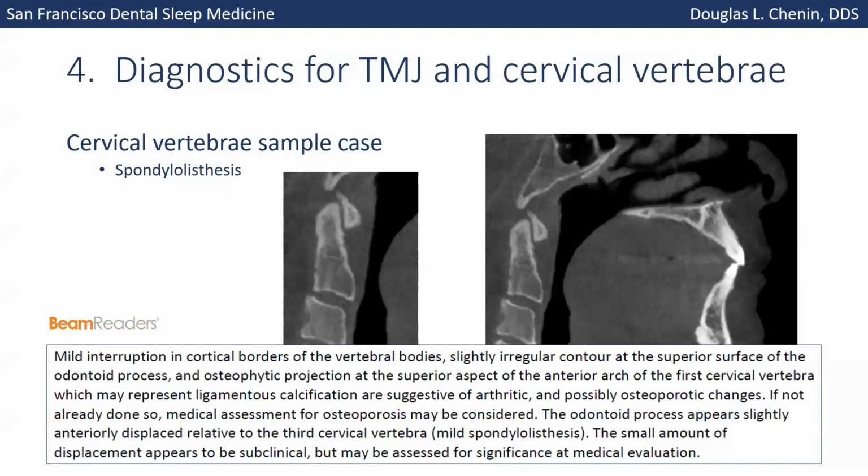Very rarely something comes up in the cervical vertebrae, like this one, spondylolisthesis, where the vertebra is actually positioned more forward, so it pinches in the airway. This has a slight sleep apnea correlation: the tongue's pinching in, coming backwards, and the vertebra is pushed forward, or you can get curvature of the vertebrae.